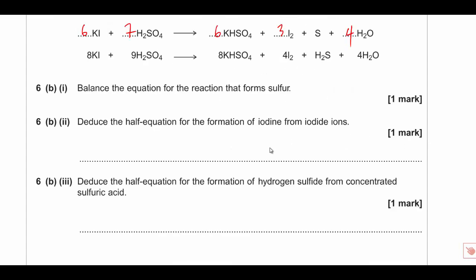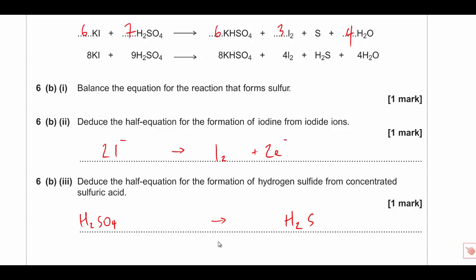Anyway, done that. Deduce the half equation for the formation of iodine from iodide. Straight away I know we're going to have something like this: 2I- gives I2 plus 2 electrons. Bam. Deduce the half equation for the formation of hydrogen sulfide from concentrated sulfuric acid. So we're forming hydrogen sulfide from sulfuric acid.